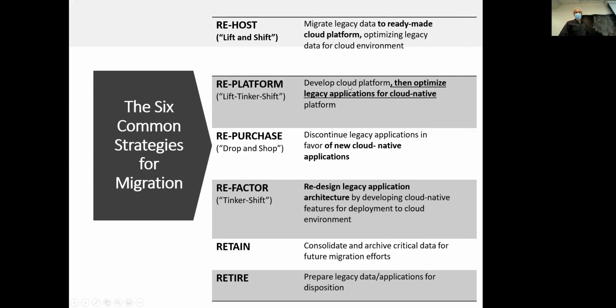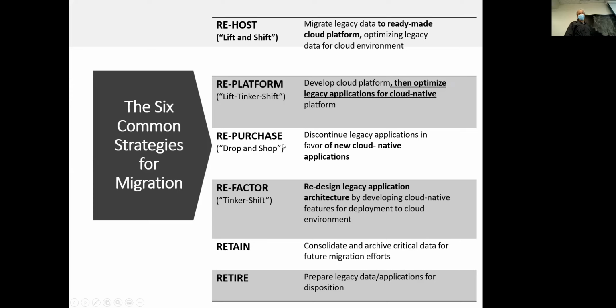Then we have re-platform, where we develop a cloud platform and then optimize the legacy application for a cloud native platform. So here we actually think about the cloud environment operating system, and we are going to migrate it as a platform.